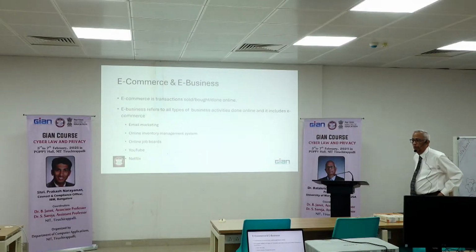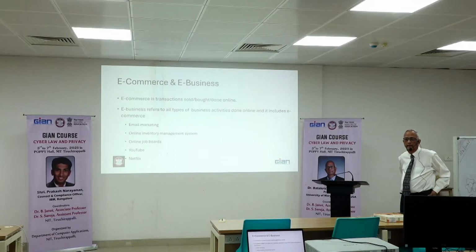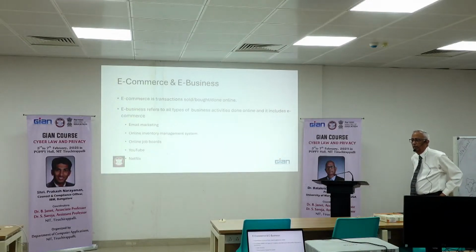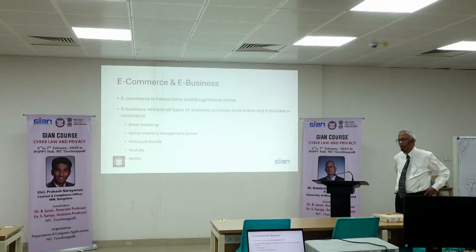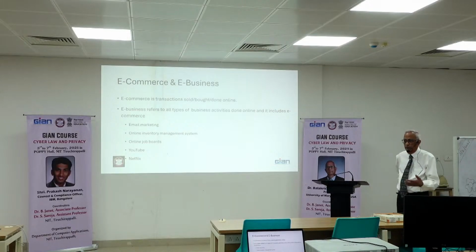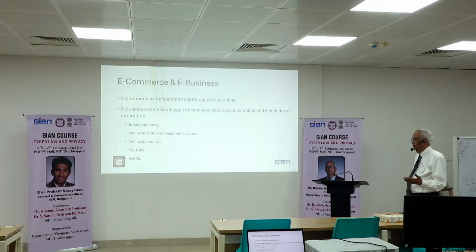For example, you may be doing email marketing, you may be offering a service for other e-commerce businesses, inventory management for them, okay? Because any e-commerce system has to be constantly aware how many items are still left of any particular type. You don't want to overstock, you don't want to understock because you lose the customer. So online inventory management is a major function.